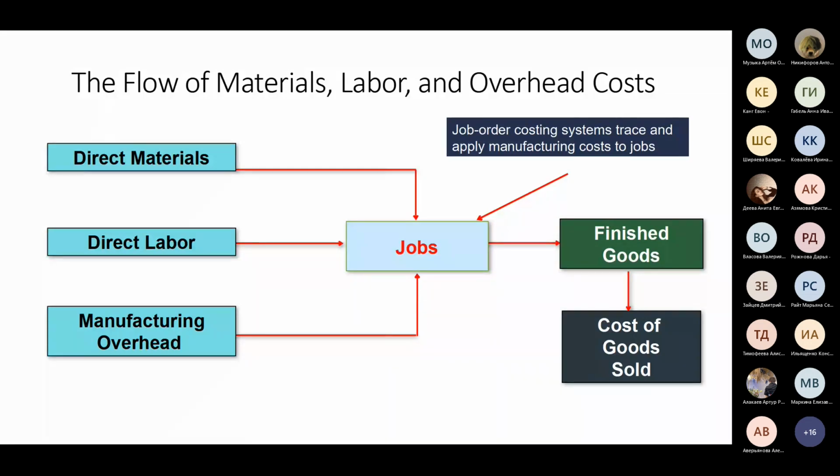And there could be some specific difficulties because sometimes jobs are very big. For example, if our job is to create a ship or, I don't know, a building, so we have to keep our work in process until the building is complete and we can move the cost of this building from work in process to finished goods.